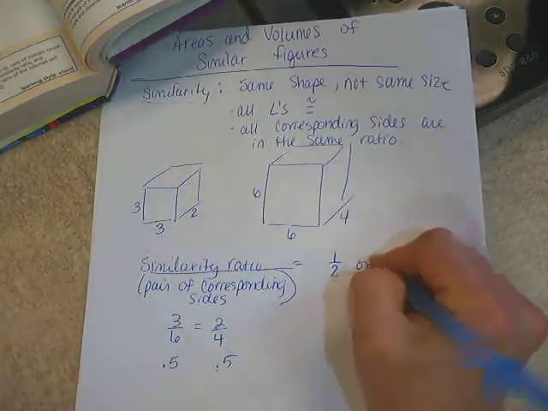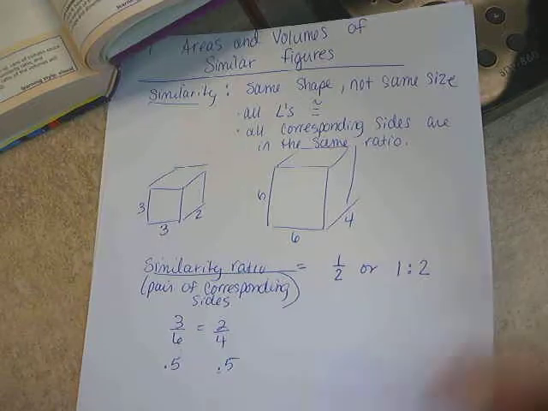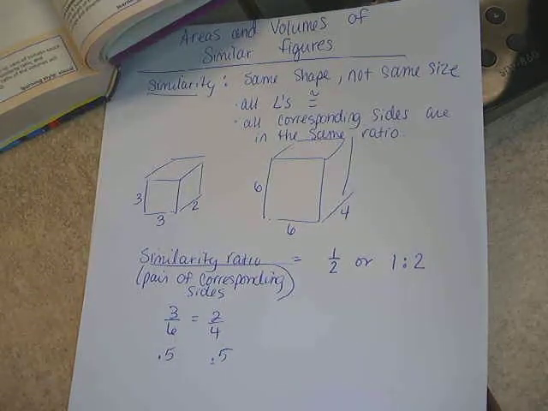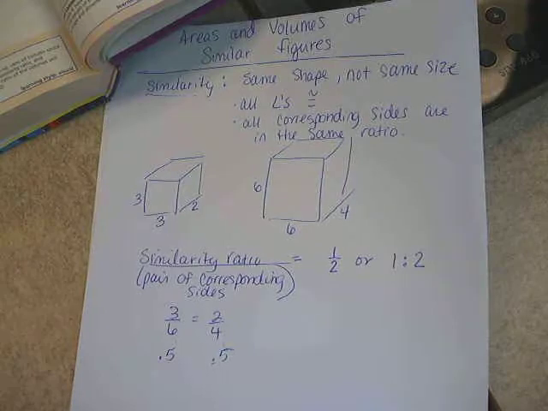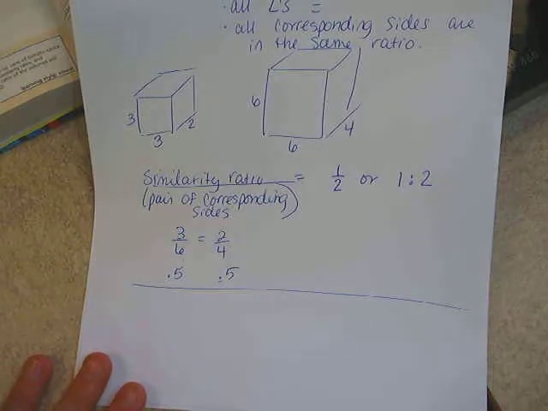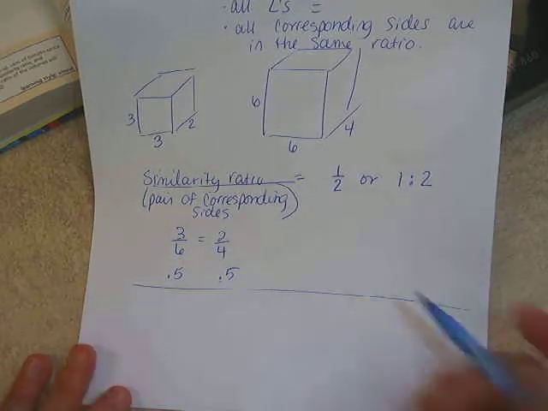So the simplified ratio would be 1 to 2, or you could write it 1 to 2 that way. But remember, for ratio, you've got to have two numbers, okay? Can't just be one number. You can't say, oh, the similarity ratio is 0.5. That's not a ratio, okay? So to set up similarity, we need the two numbers. They do need to be simplified.